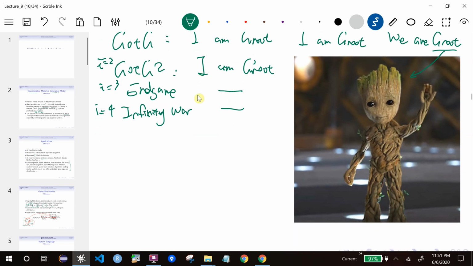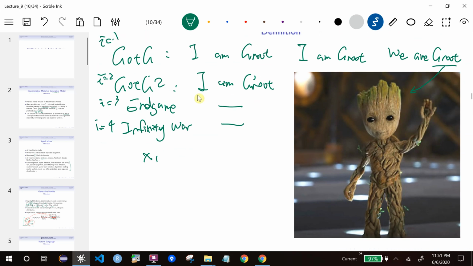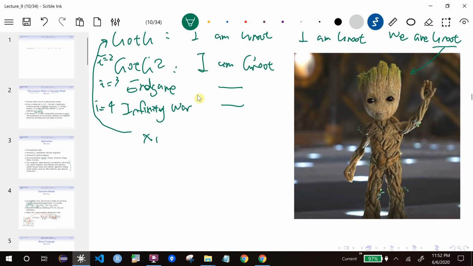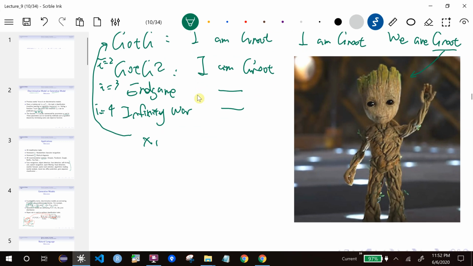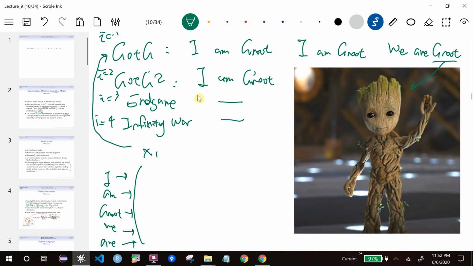So what we're going to do is we are going to do X1. X1 is our feature for our first document, which is the script of Guardians of the Galaxy. And we're going to list out all the possible vocabulary, which is I, am, Groot, and we, are. So our first feature would be, I'm just counting how many times I happened.